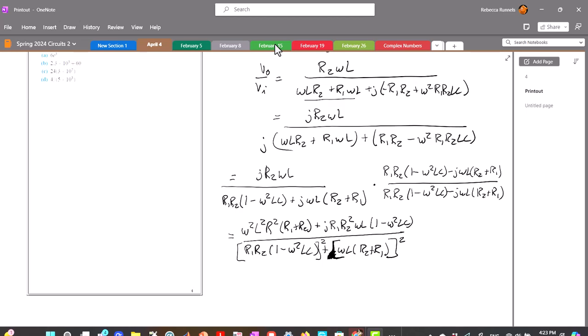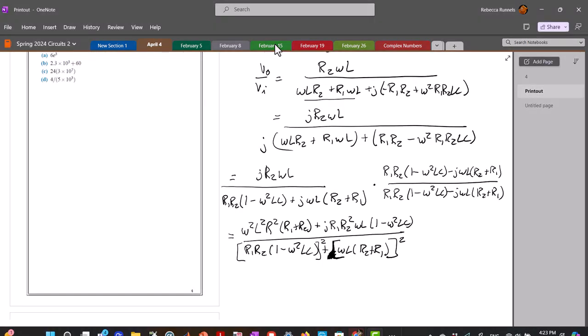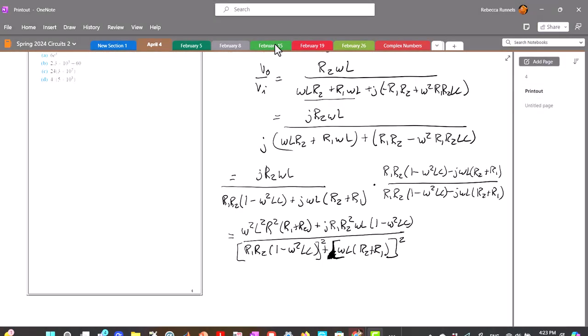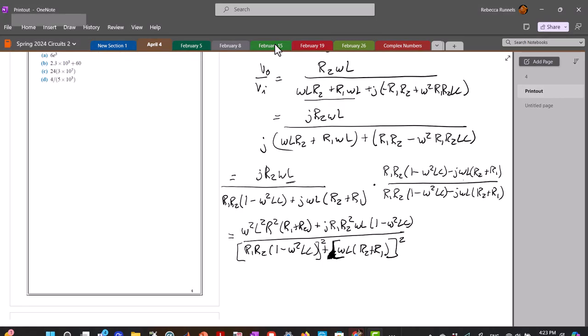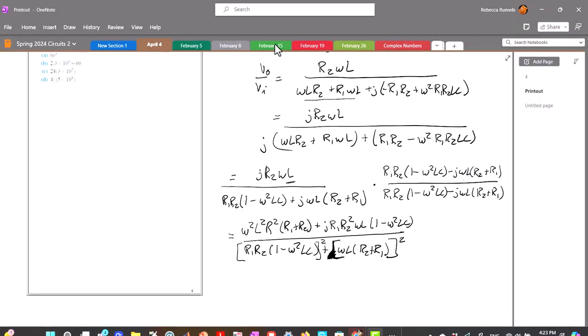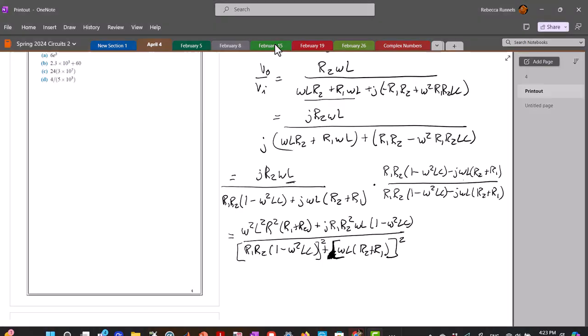I multiply the imaginary times the imaginary to get the real, so j times j is minus 1, times the minus becomes a plus 1. Then I get omega squared, because I have omegas in both of them, an L squared and R2, and then R1 plus R2. And then when I multiply the j R2 omega L times what was the real part, R2 is squared, so I get j R1 R2 squared omega L times 1 minus omega squared LC.